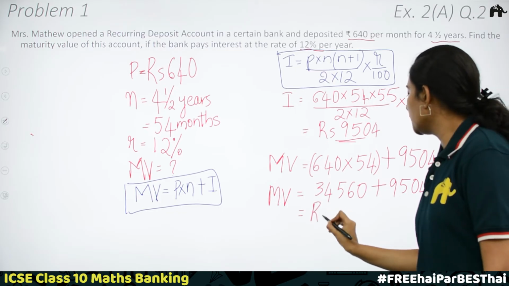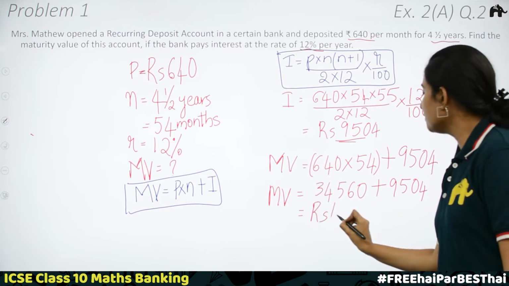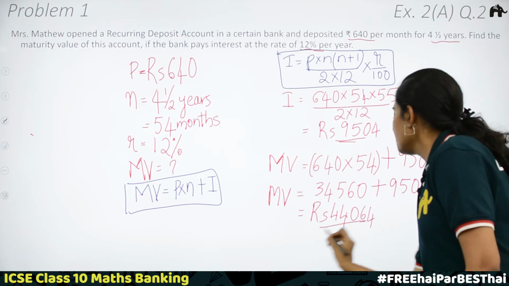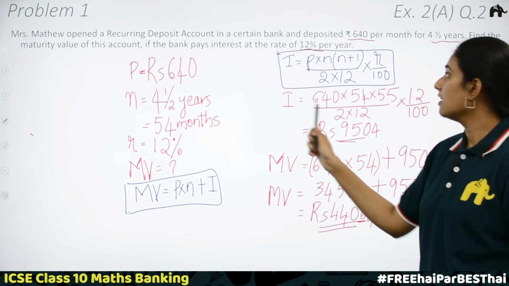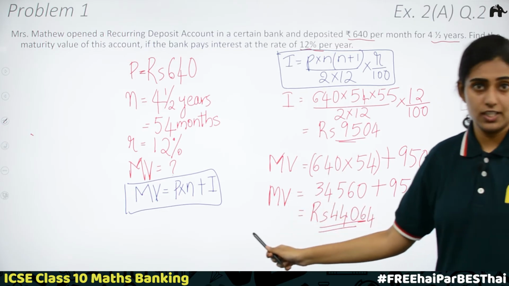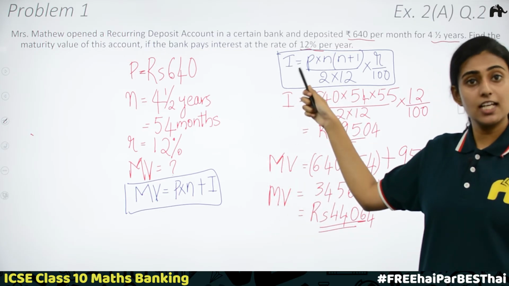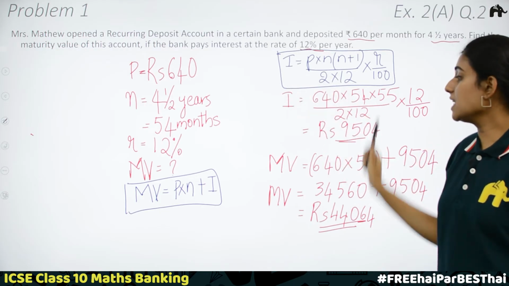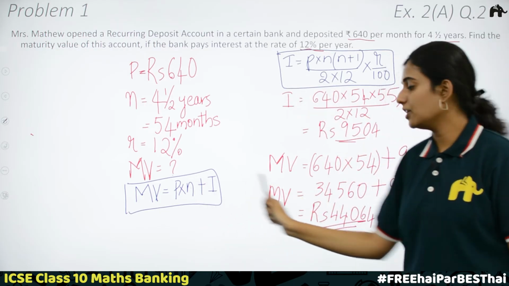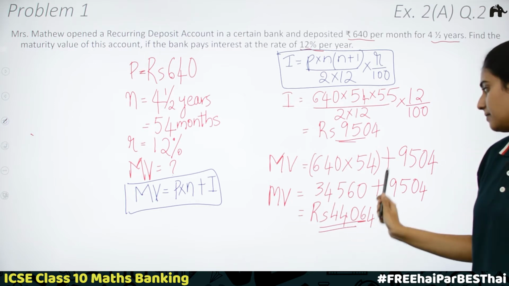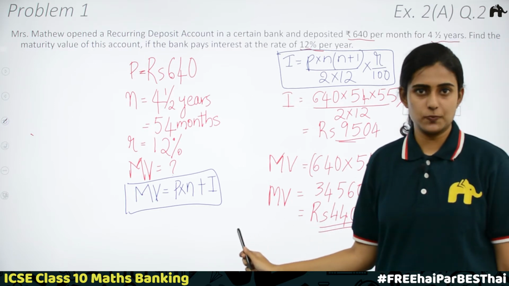Maturity value is rupees 44,064. This is your final answer. The question, we are asked to find the maturity value. To calculate maturity value, we first determine the interest. Interest plus P into N, we got the maturity value. 44,064 rupees. This is the maturity value.